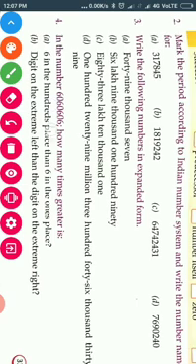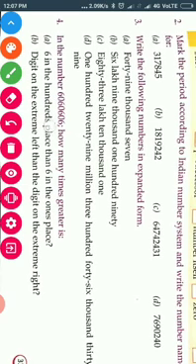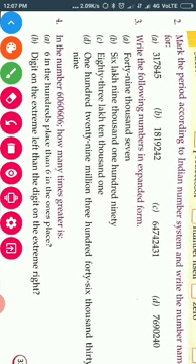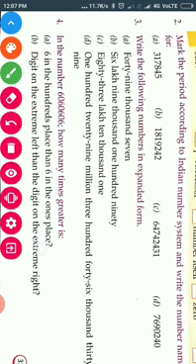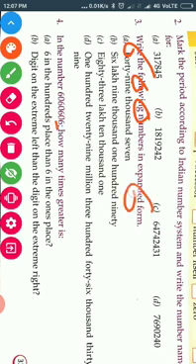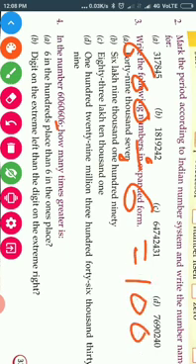In the number 60 lakh 60,606, how many times greater is 6 in the hundreds place than 6 in the ones place? First we'll see the place value of 6 in the hundreds place is 600, and the place value of 6 in the ones place is 6, and if we divide 600 by 6 we'll get 100. So this is the answer. B, the digit on the extreme left and the digit on the extreme right.